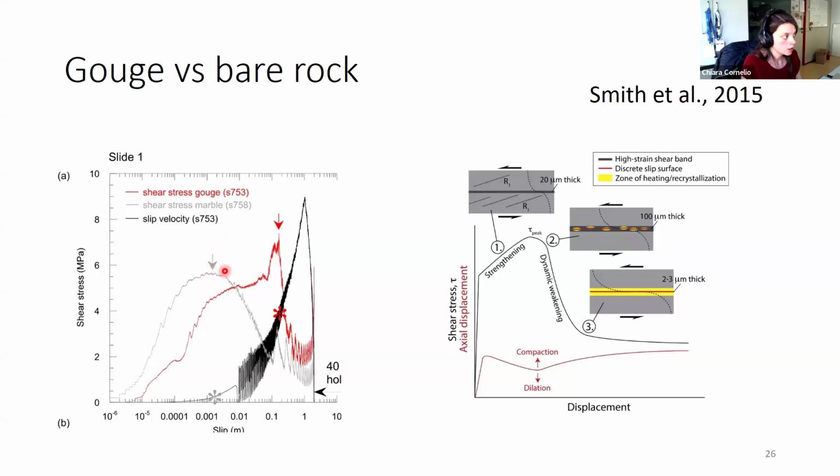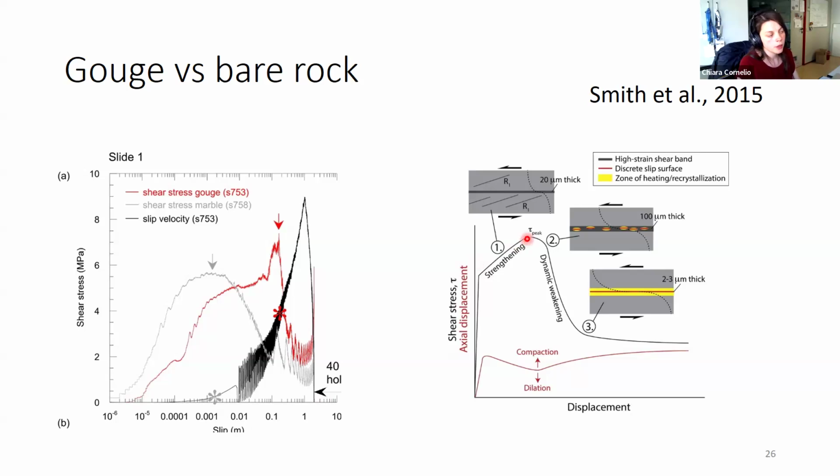In particular, he identified a distance before the onset of the dynamic weakening that is much bigger in the case of gouge compared to what is happening on a bare surface. So in this case, for example, what we can see is that this distance is actually 0.001, so 1 millimeter, for the bare rock, and is 0.1 meter in the case of gouge.